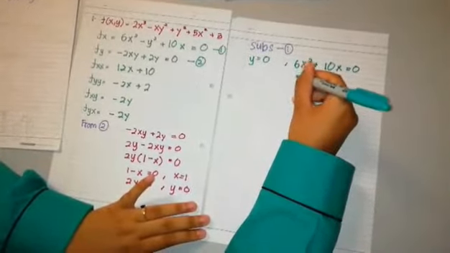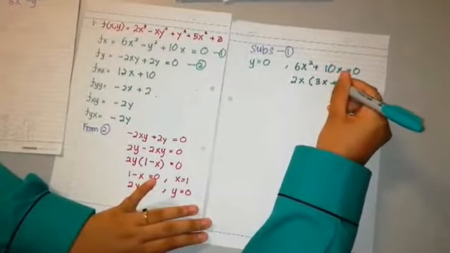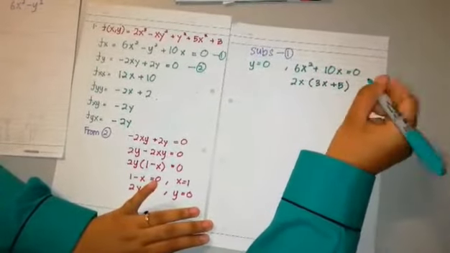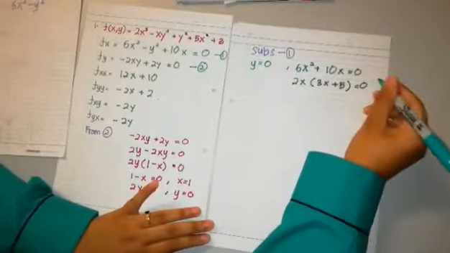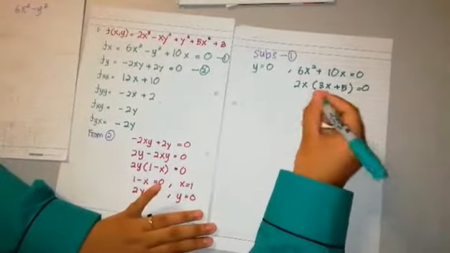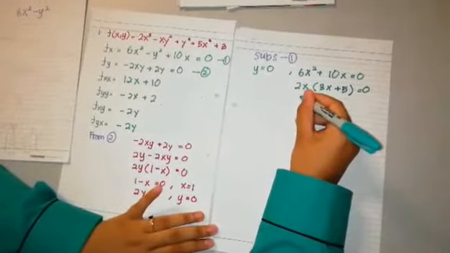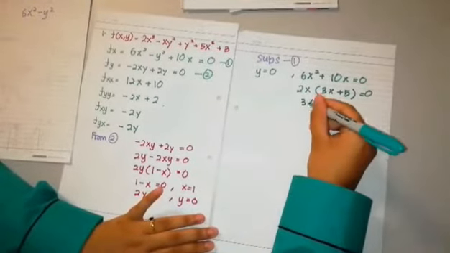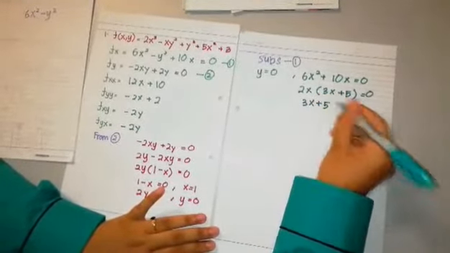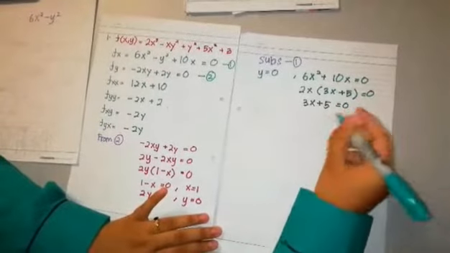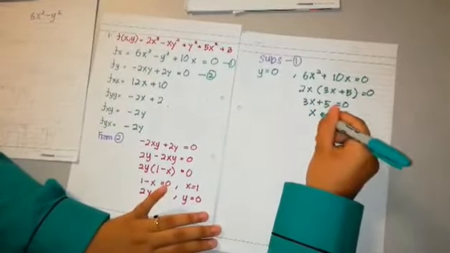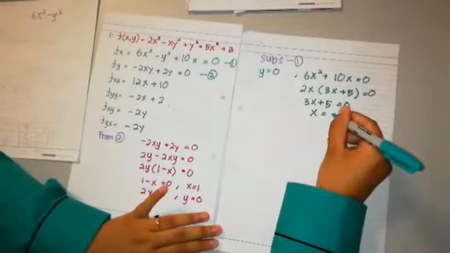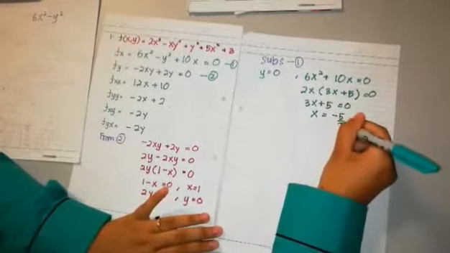We will get 2x bracket 3x plus 5 equals 0. So 3x plus 5 equals 0, and x equals negative 5 over 3.